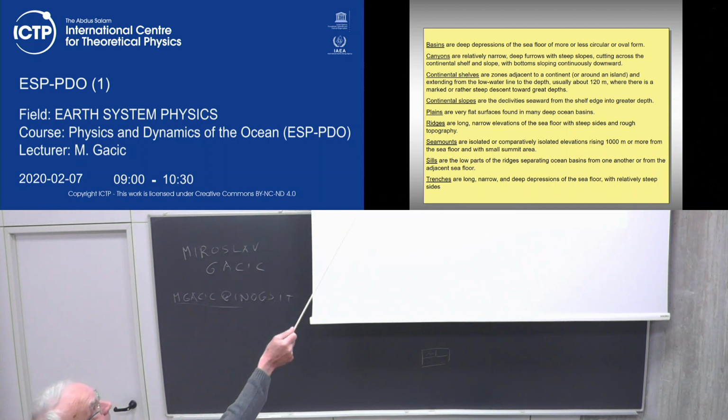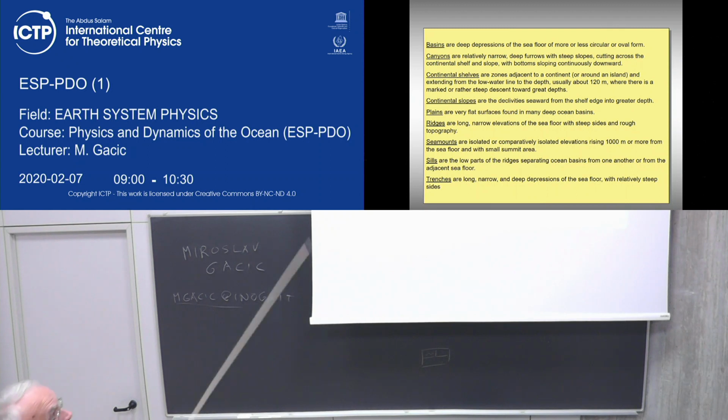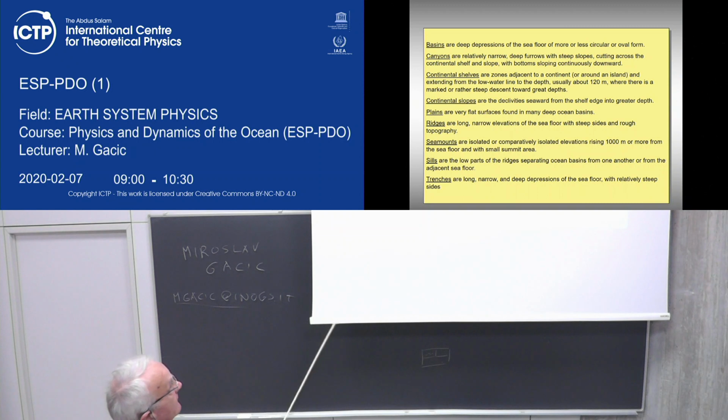Here, basins are deep depressions, canyons are relatively narrow, deep furrows with steep slopes. Then there is the definition of continental shelf, continental slopes, then we have plains, ridges, seamounts, sills, trenches. All these I showed you on a graph, and here is the description in words.